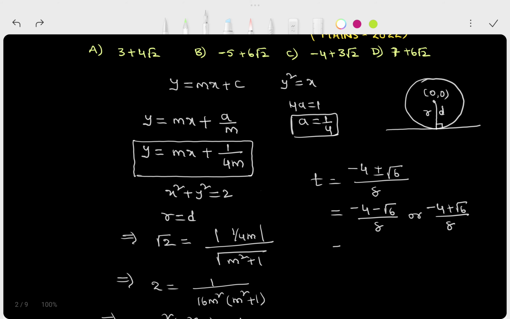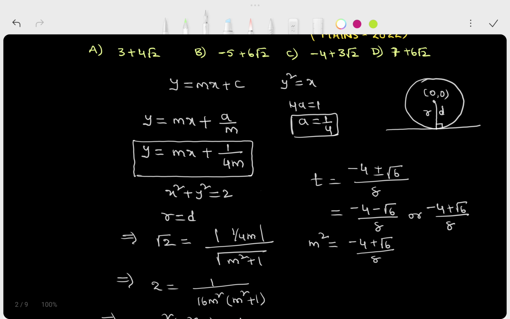Here if I take m square is equal to the t value, t means what? m square. If I take m square is equal to minus 4 plus root 6 whole divided by 8, you take only plus root 6.